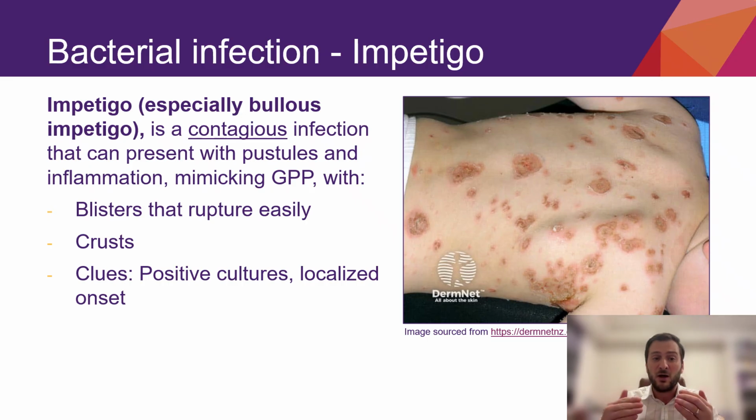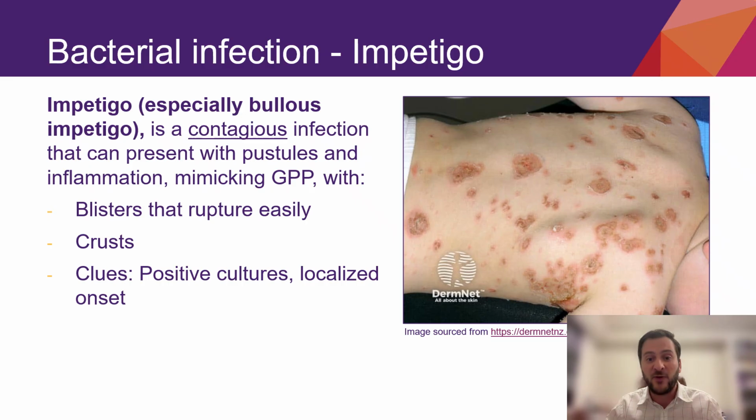Mostly, impetigo patients with disseminated lesions will share several clinical and laboratorial features of GPP. Some clues are the positive cultures.